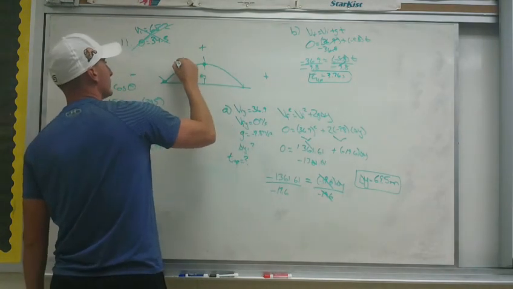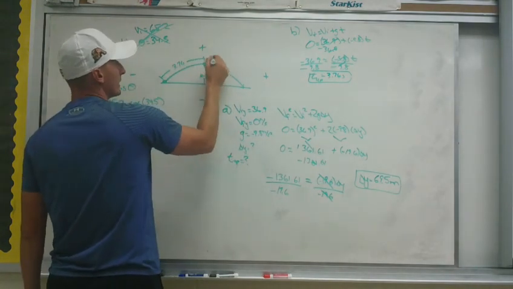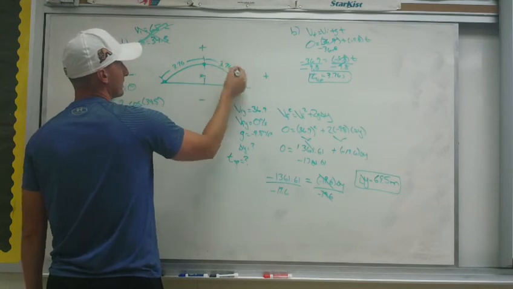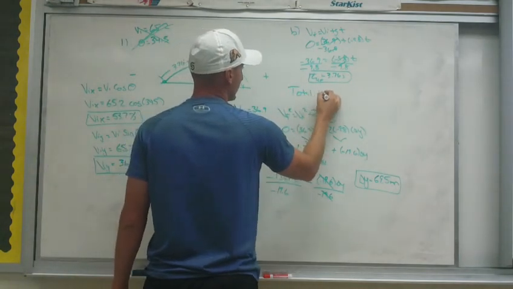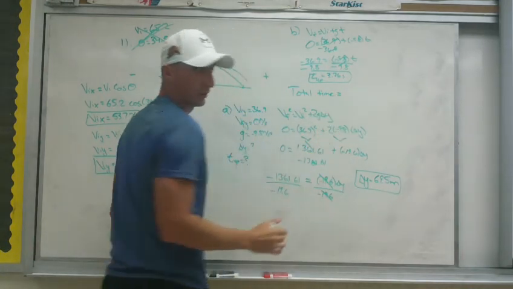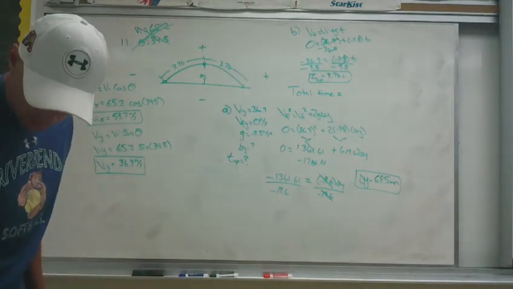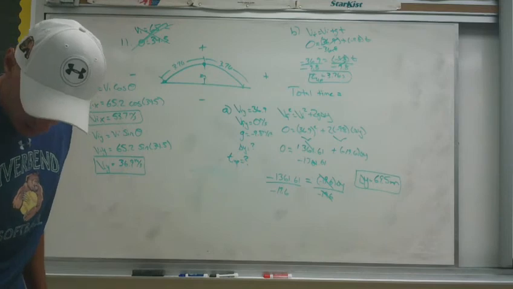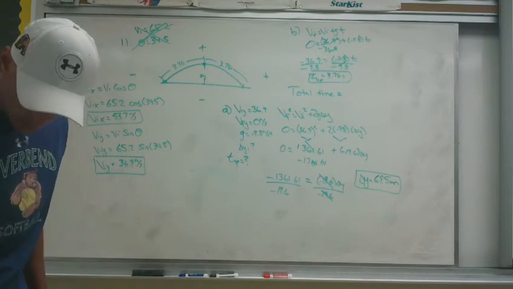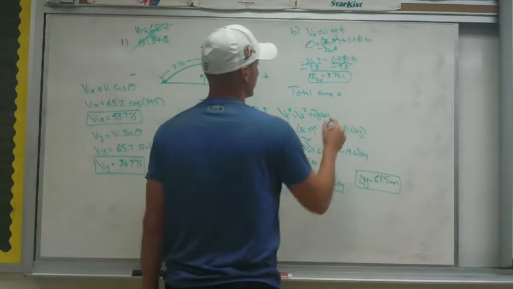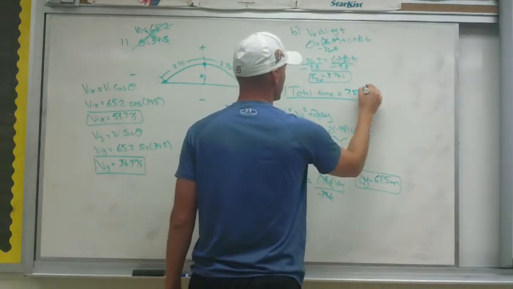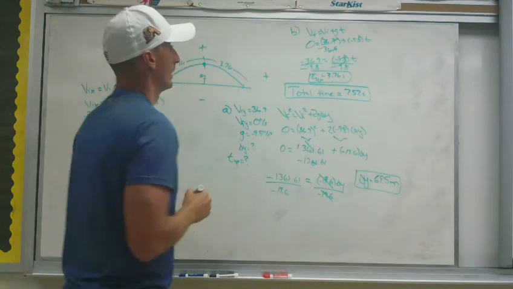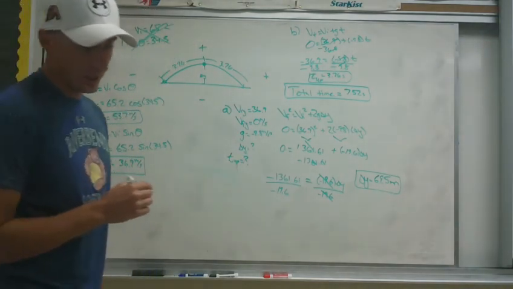I know it's 3.76 to here, and it's going to be 3.76 down. So total time is equal to 3.76 times 2, equals 7.52. All right, so that's the total time in the air.